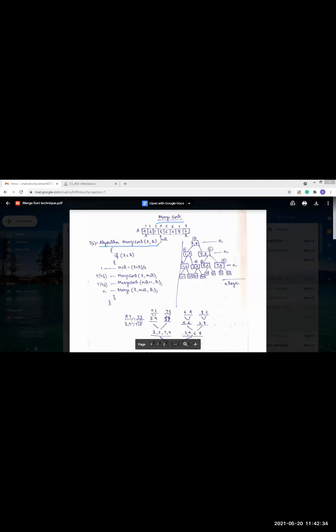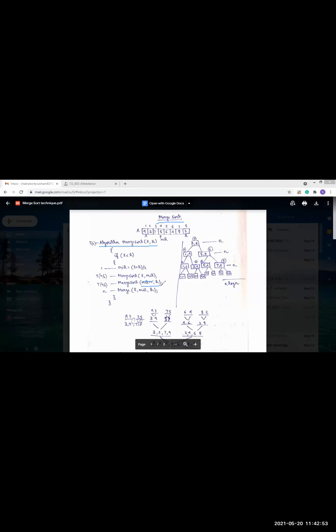And after finding the mid, we will divide the problem and call merge sort. It will be divided into two parts, low to mid and mid plus 1 to high, and we will merge sort these two parts.